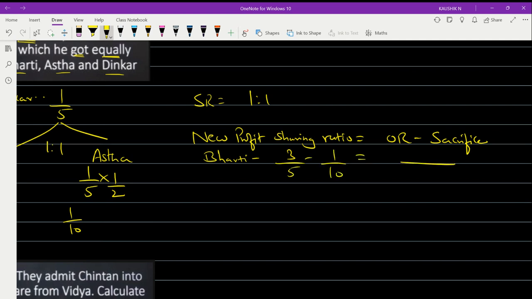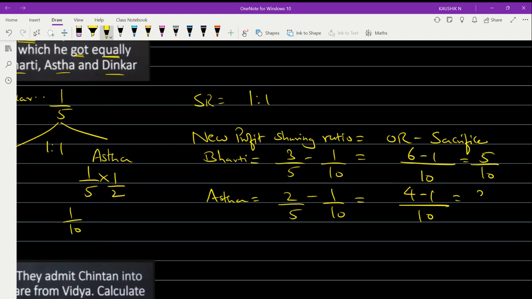The LCM of 5 and 10 is 10. So 5 twos are 10, 3 twos are 6, 6 minus 1, 5 by 10. And for Asta, it is 2 by 5 minus 1 by 10. LCM is 10. 5 twos are 10, 2 twos are 4, minus 1, so 3 by 10.